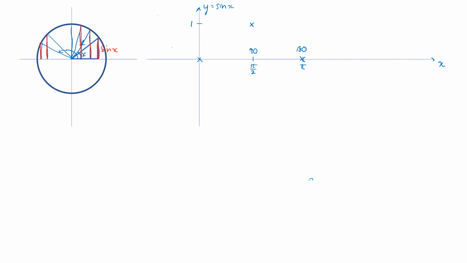We carry on around, so now we're dipping below the x-axis. And again, if we draw in our little triangle, it would look something like this. As we start increasing our angle around, the height of that triangle starts to increase again, but it was once going up and now it's going down.